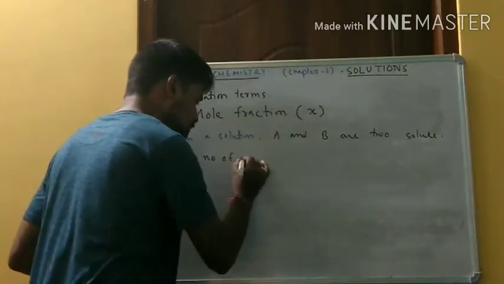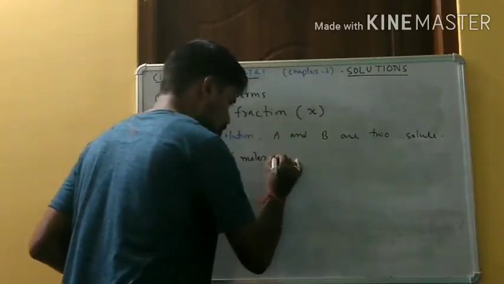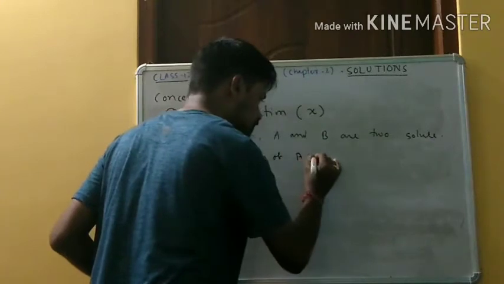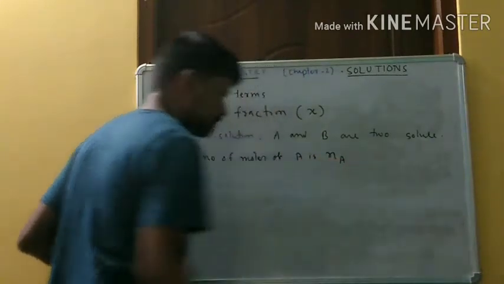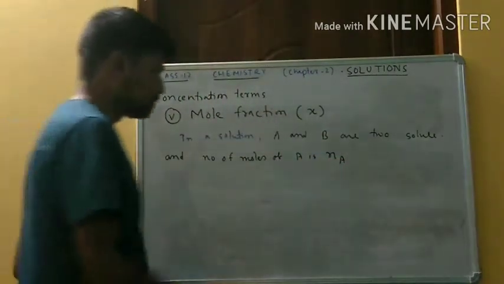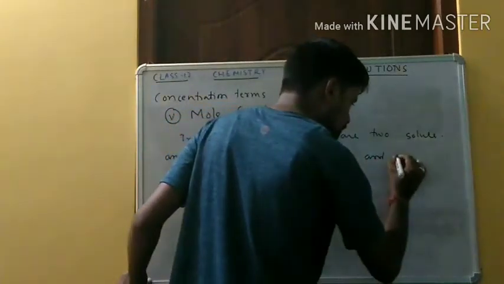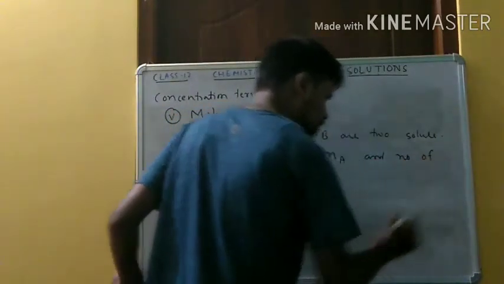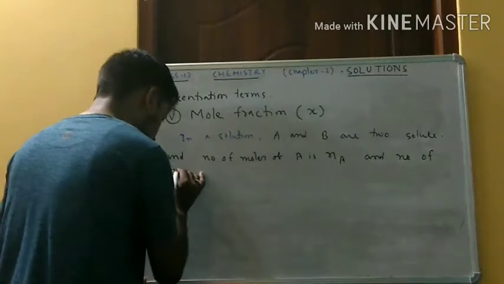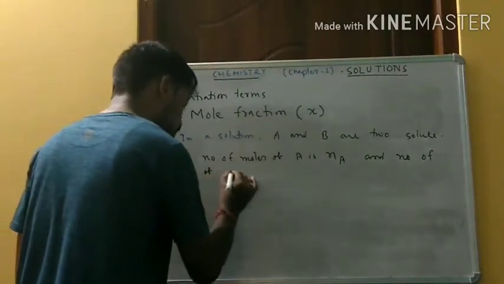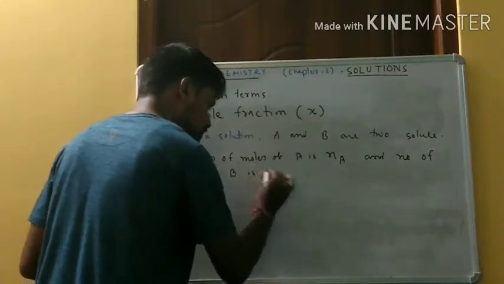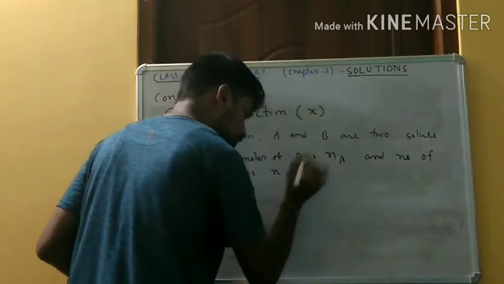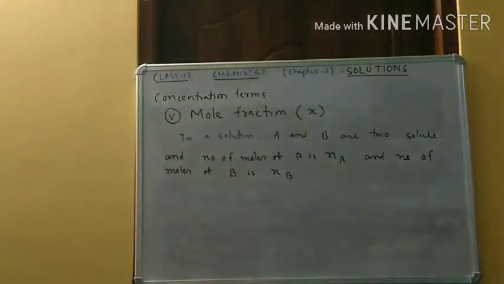The number of moles of A is Na, and the number of moles of B is Nb.